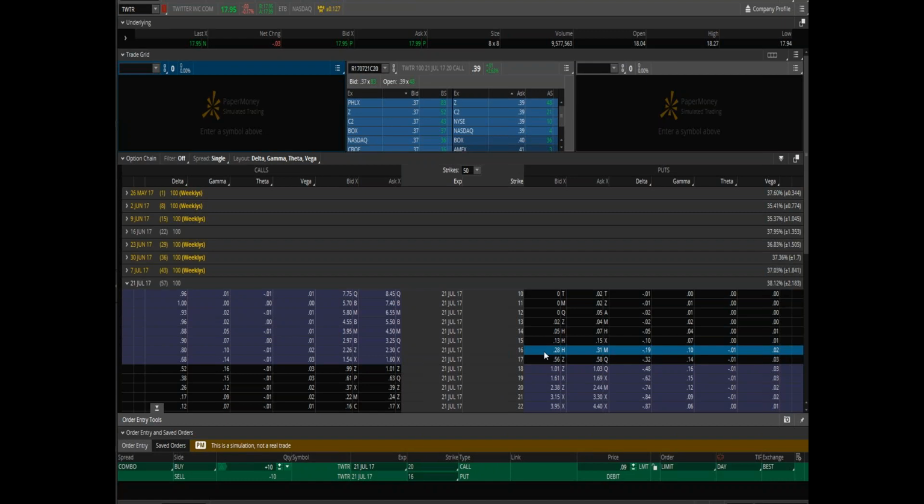call with these puts, it means there's skew. We can say that 17.95 is really close to 18, so these puts are closer to where it's trading, but these calls are more expensive.